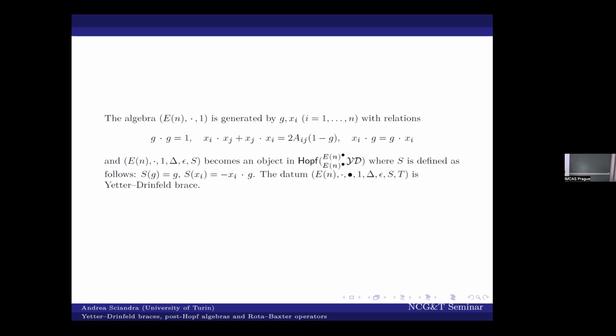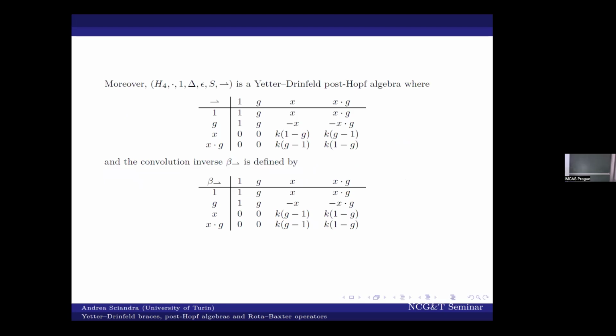I think something is done in this direction, but I don't know precisely what. For post-Hopf surely it is not known because they are really new. The paper on post-Hopf is, if I remember well, from 2024, put on arXiv in 2022 and published in 2024, and now a lot of people are working on this stuff. It's exploding.